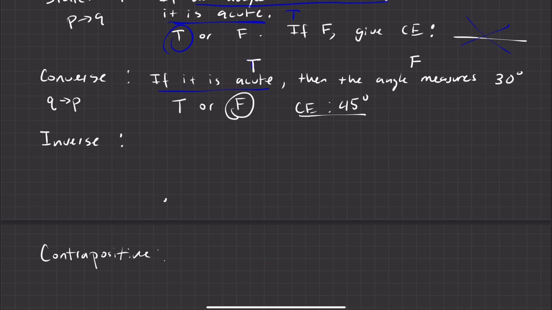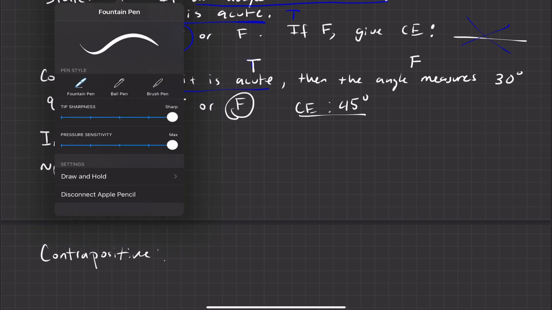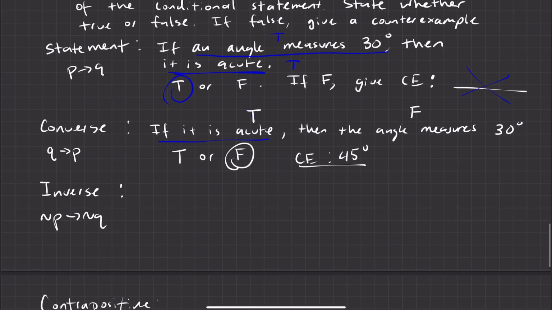All right, the inverse. The inverse would be if not P, then not Q. So I don't want to look at this anymore. I want to look at this.